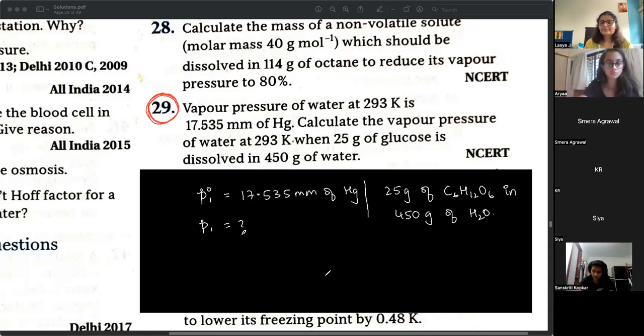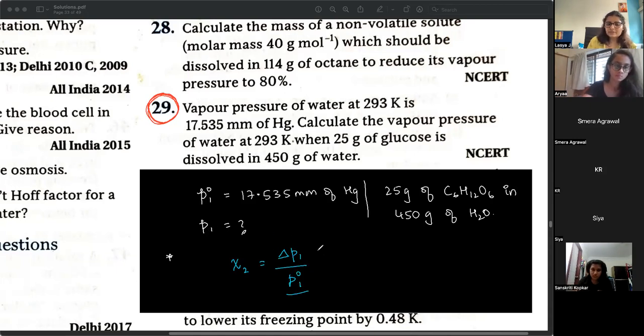So the basic thing that you need to remember is mole fraction of solute is equal to delta P1 by P1 naught. So you already know P1 naught, and you need to figure out delta P1.